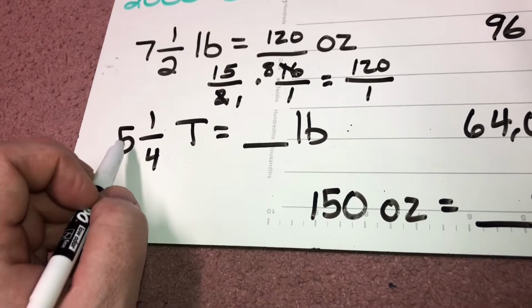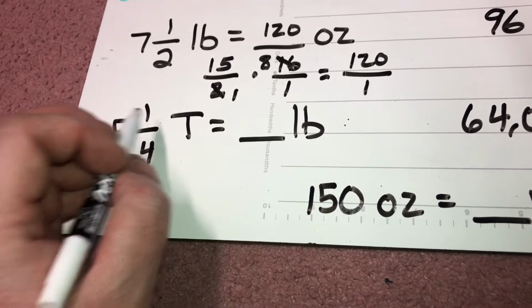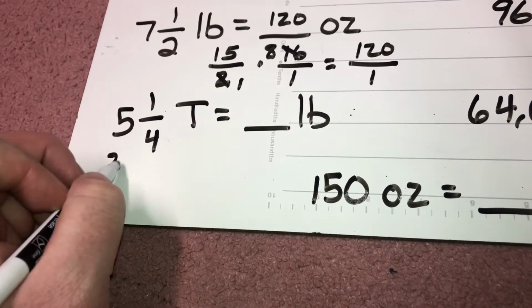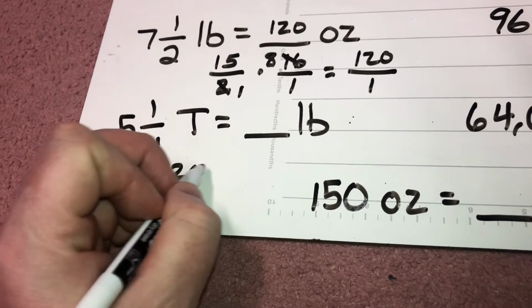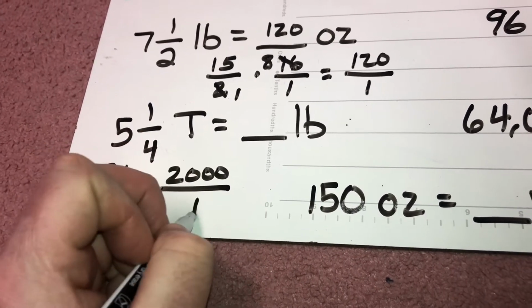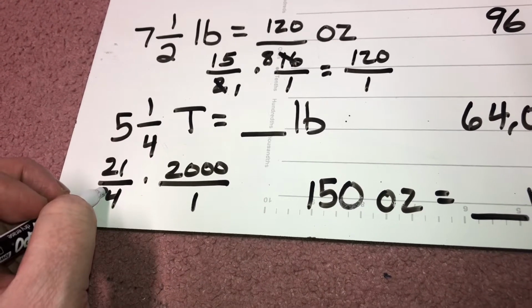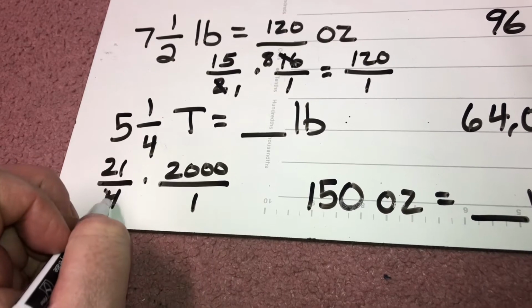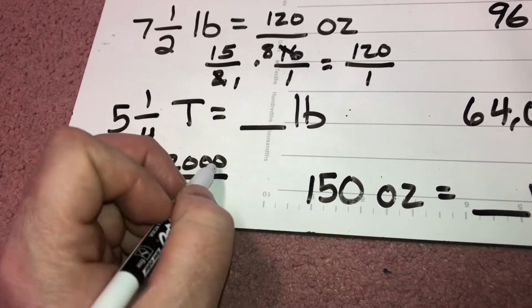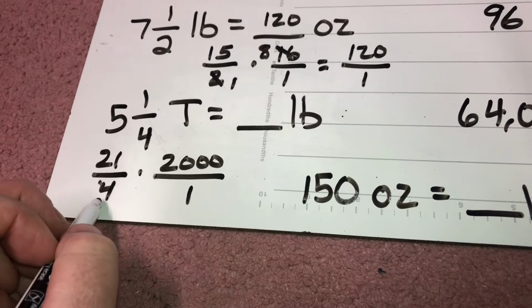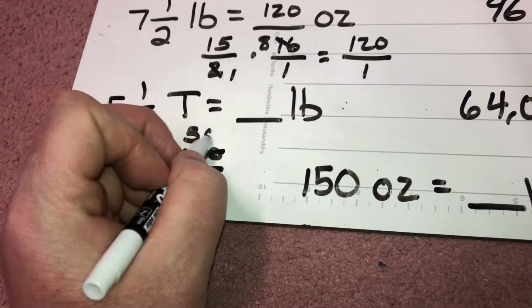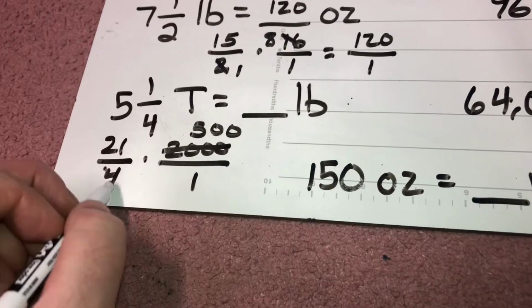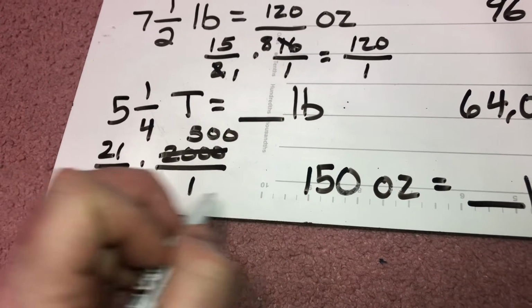Well, 4 times 5 is 20, plus 1 is 21, so 21 over 4 being multiplied by 2,000 over 1. Well, that can be cross-checked because 20 divided by 4 is 5. Those two zeros just get added into the answer. That becomes 500. That becomes 1.